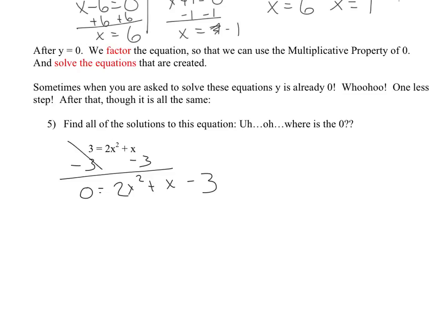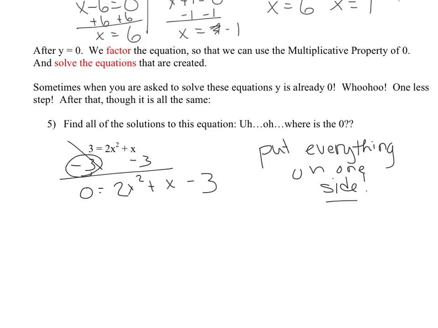Put everything onto one side. Okay, and we do that by adding its opposite. So to move this -3 to the other side, it's just like solving an equation. If you're going to move something to the other side of an equation, we change its sign.